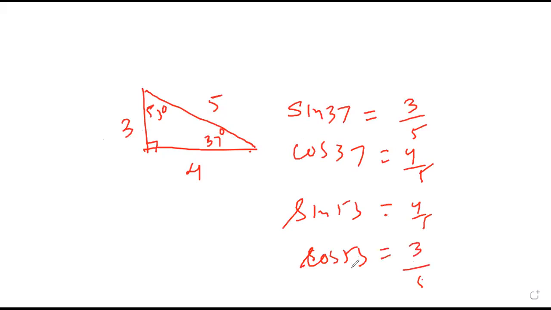So for cos, larger angle, smaller value. Smaller angle, larger value. So note this down, many times they can give this. Angles 37, 53, you should remember they are the 3, 4, 5 sides.